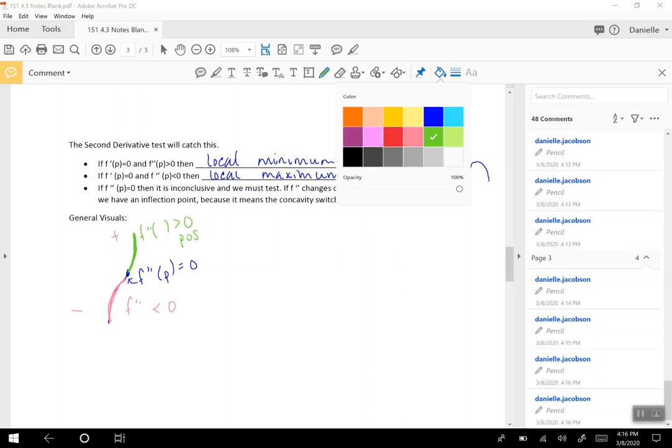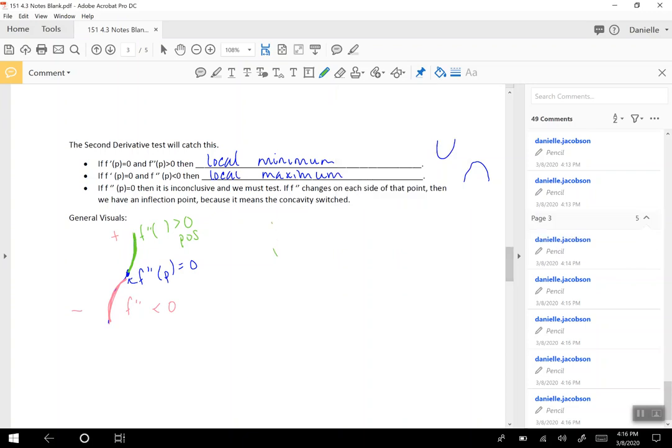So if, say, you did this, this is concave up, so f double prime is positive, then it switches to concave down, and that's not supposed to be that flat. This isn't supposed to be 0. Okay, so this is f double prime is 0. Right, and here we have f double prime less than 0. So flip-flop the drawing, but you still see it goes from concave up to concave down, and you could go vice versa. You could go from concave down to concave up, and draw the same conclusion.